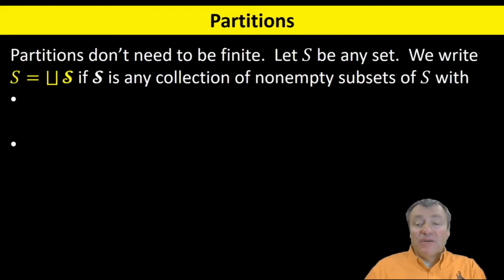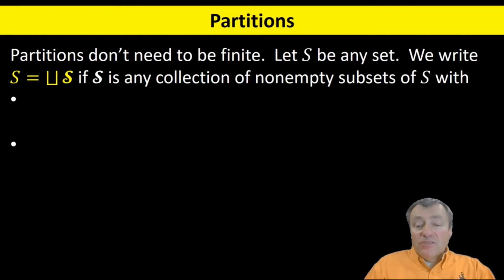Partitions don't have to be finite, and the parts themselves don't need to be finite. And for us, they often won't be. So I can't index the parts using indices 1, 2, 3 up to n. This changes the notation just a little bit, but the concept is the same.